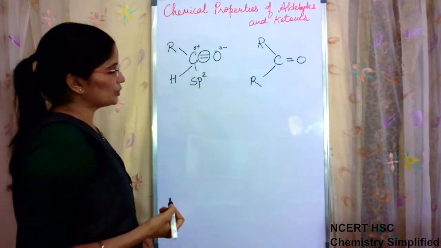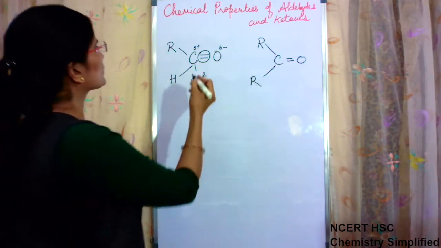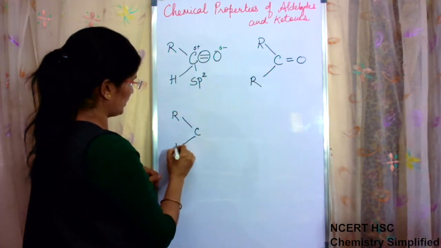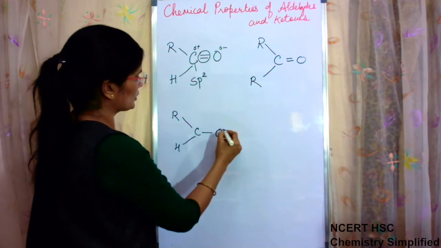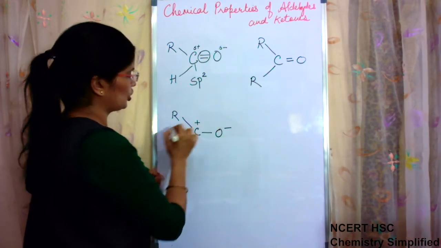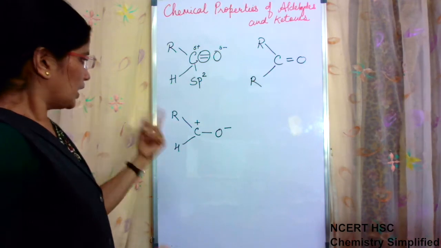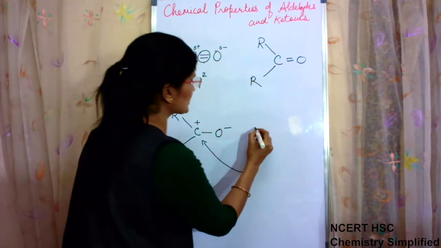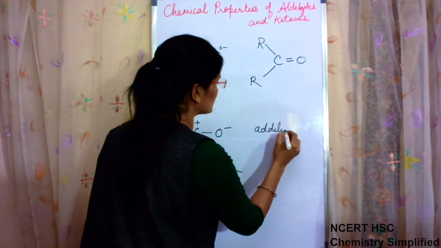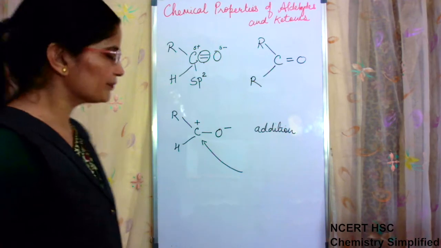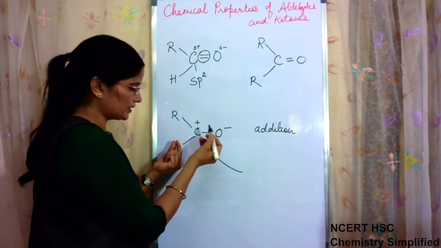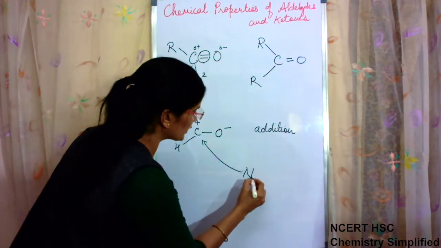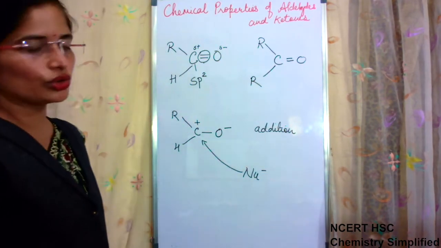Now I told you that in these reactions, by the attack of the reagent, it will acquire negative and positive charge. Because there was a double bond, the type of reactions given by them are addition reactions. And this center carbon atom is having positive charge, so the group which will attack on it will be a nucleophile.